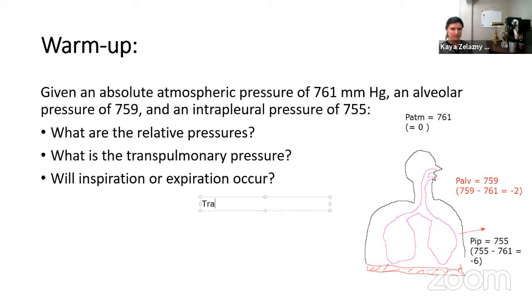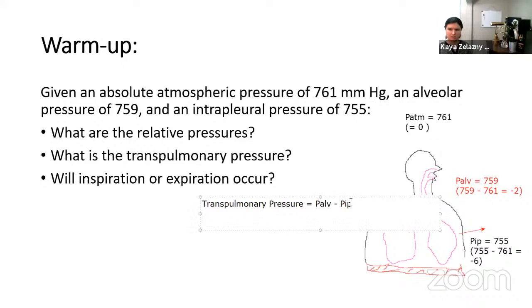All right, so our transpulmonary pressure, or the distending pressure across the lung, is equal to our pressure in the alveoli minus our pressure in that intrapleural space. So that's our definition for transpulmonary pressure.